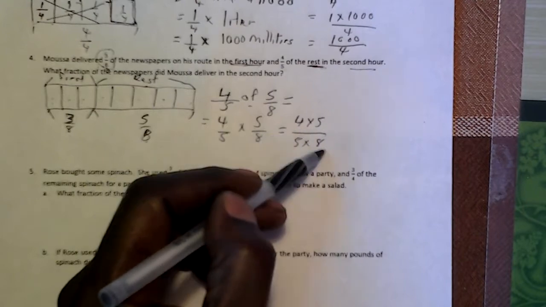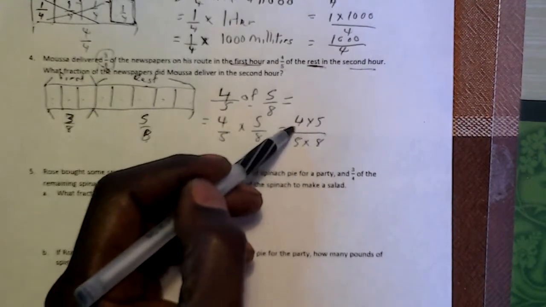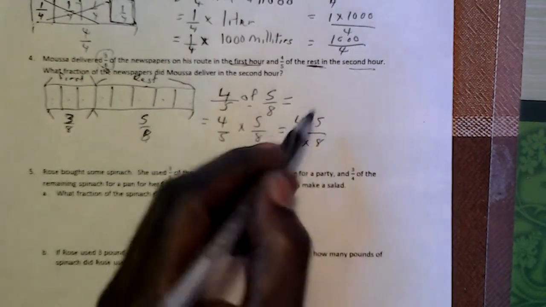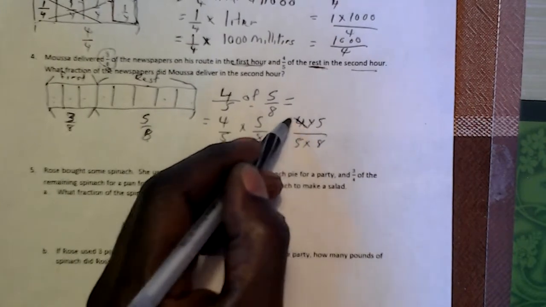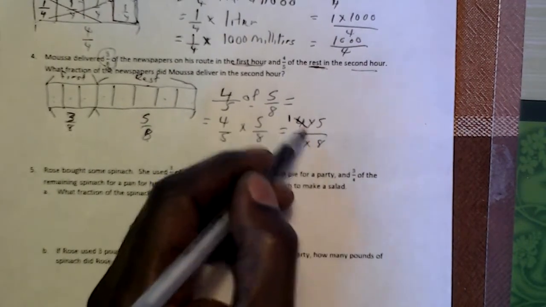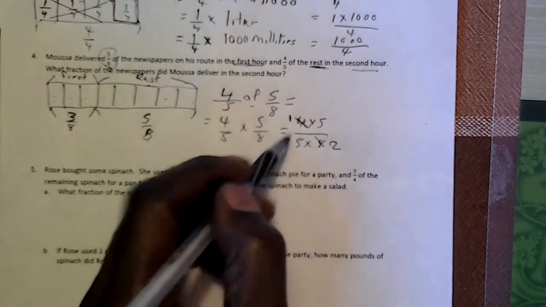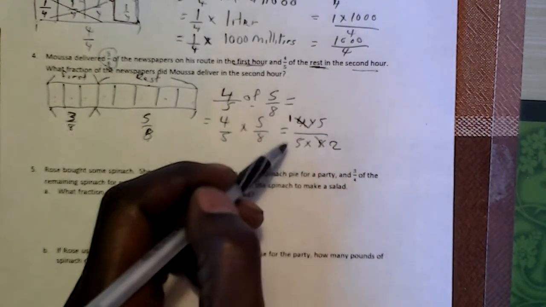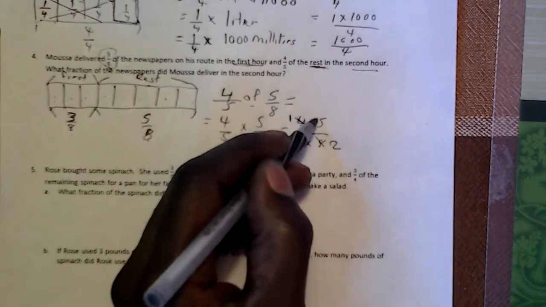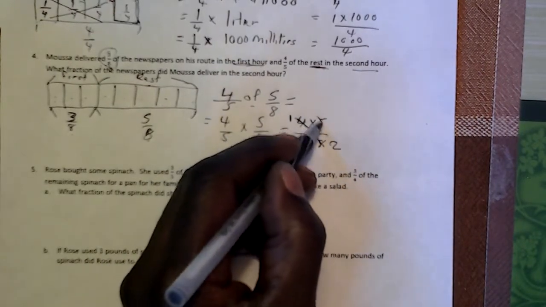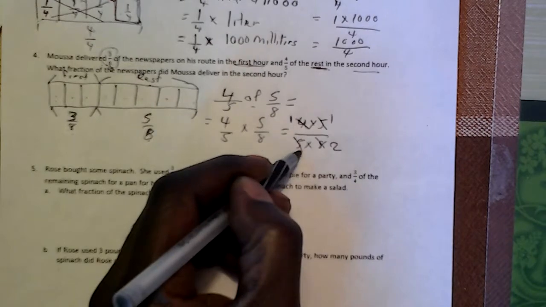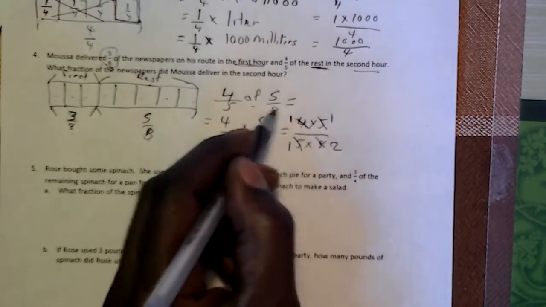Now, do these share a common factor? Yes, 4. 4 goes into 4 one time. 4 goes into 8 how many times? 2 times. Very good. And obviously 5 has the same common factor, right? So 5 divided by 5 is 1. 5 divided by 5 is also 1.